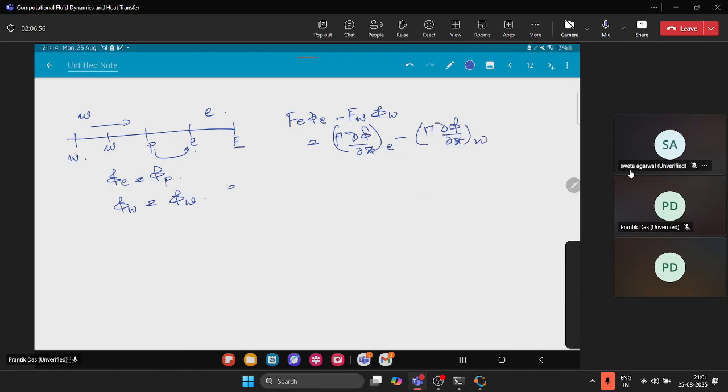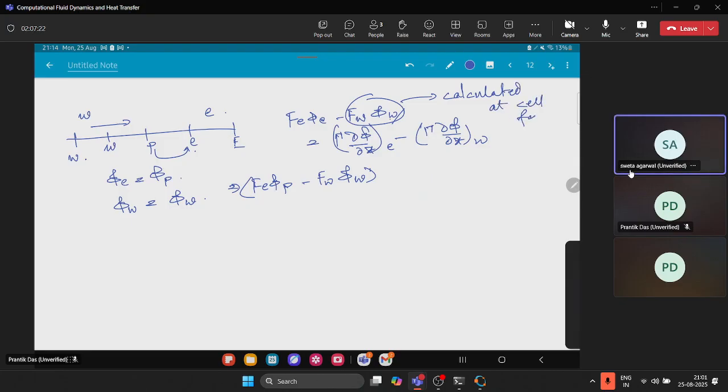So this one is basically equal to Fe phi P minus Fw phi capital W. So it changes from small w to capital W. It was small w since this is calculated at the surface. Sir, both are the small w's?